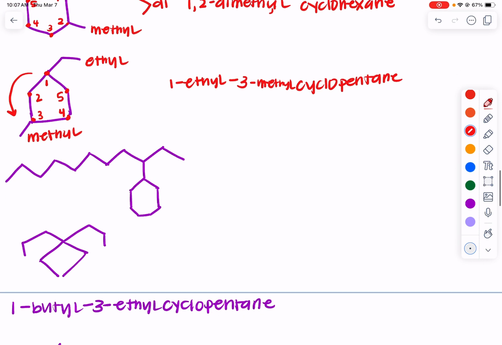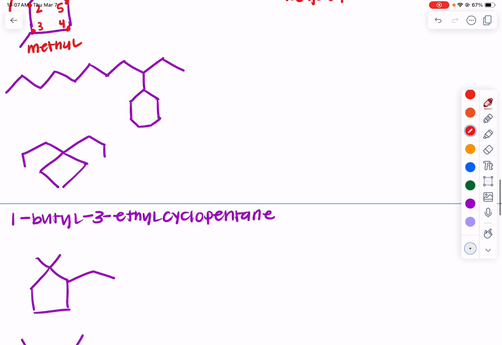Okay, let's go to the next one. Here we have 1, 2, 3, 4, 5, 6, 7, 8, 9, 10, 11. And here we have 1, 2, 3, 4, 5, 6, 7. So it looks like this is going to be a cycloheptyl group because it has a lower number of carbons than our chain up here.